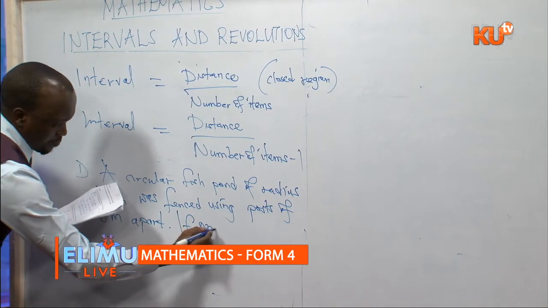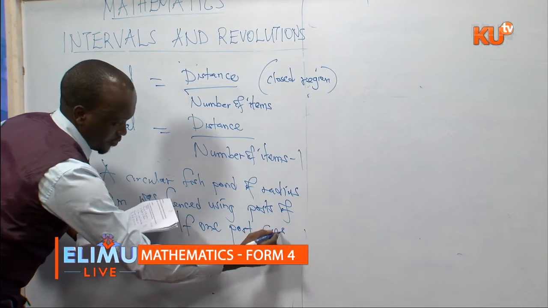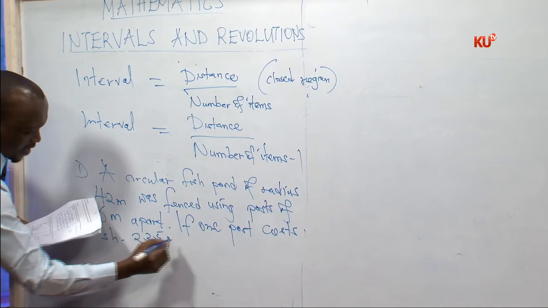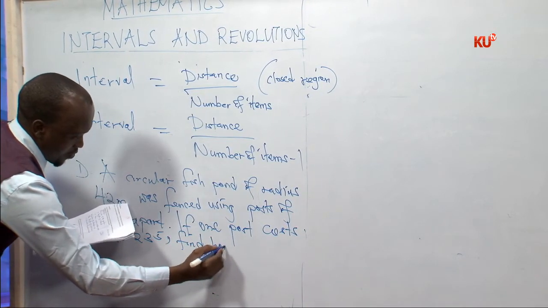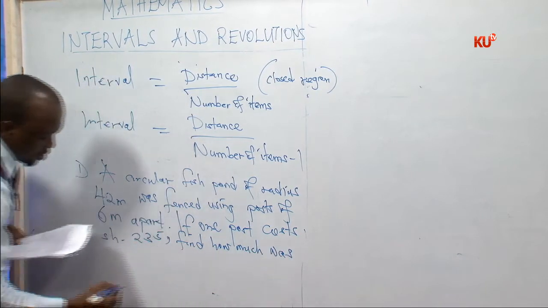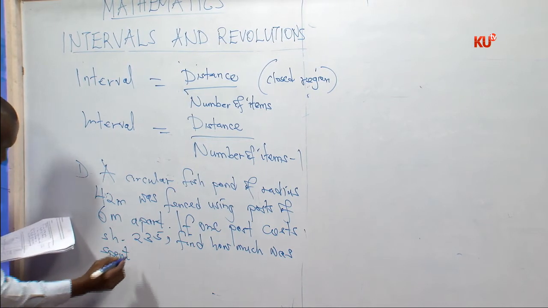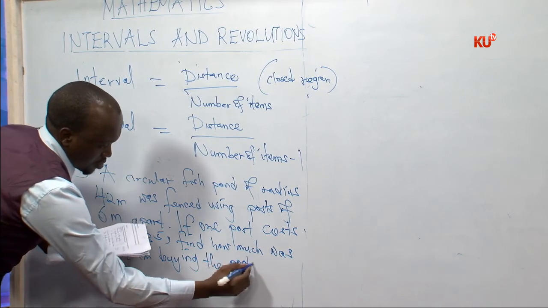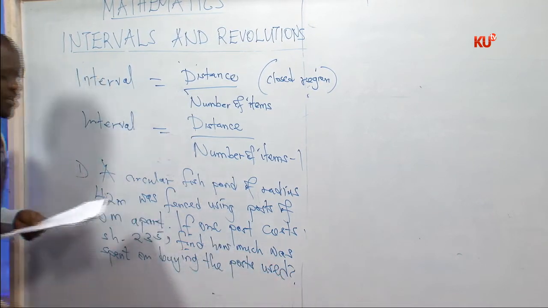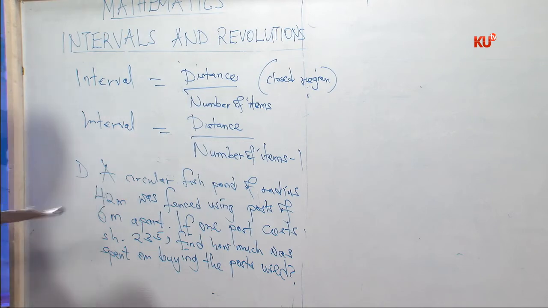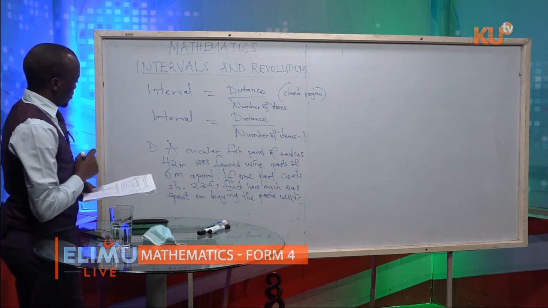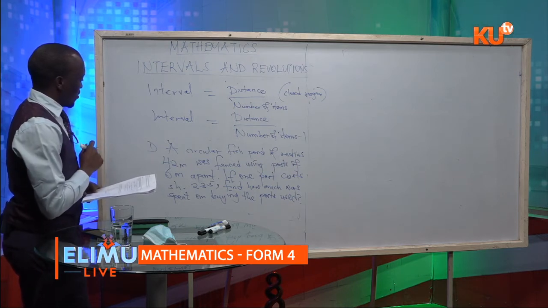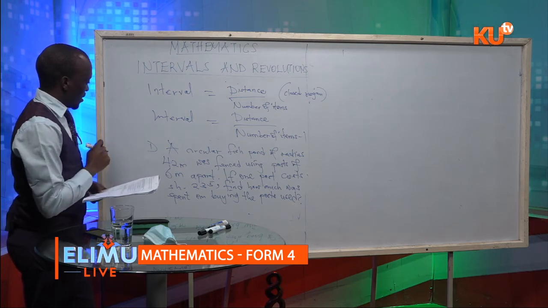If one post costs 235 shillings, find how much was spent on buying the posts used. That is our question.